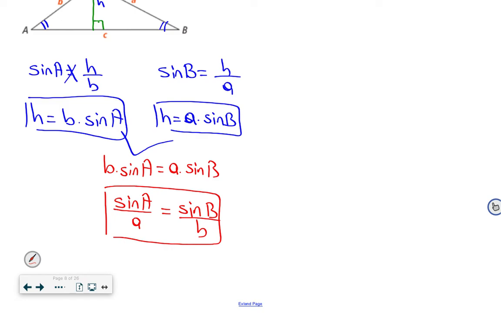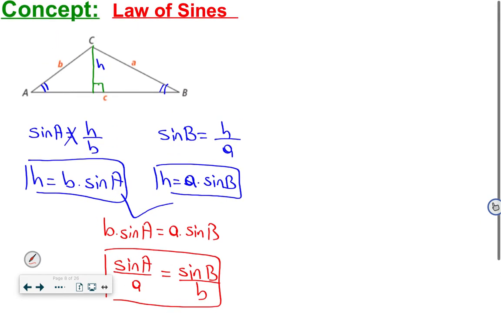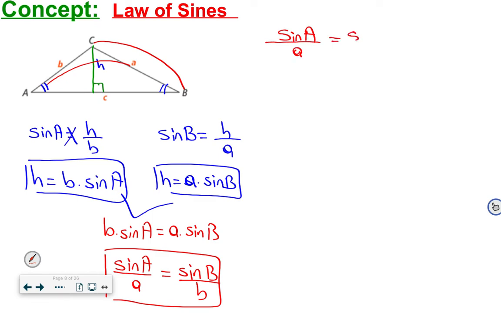What does that mean, ladies and gentlemen? The length of each side is proportional with the sine of its opposite angle. So the law of sines is sine A over a is equal to sine B over b, equal to sine C over c.